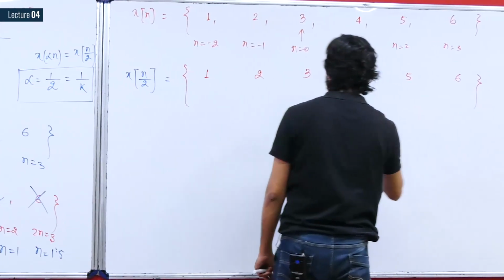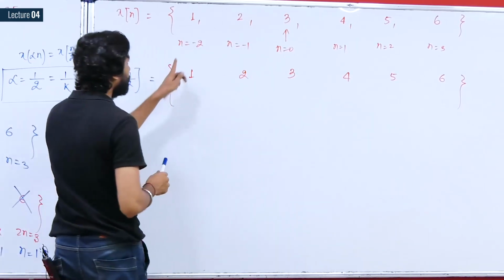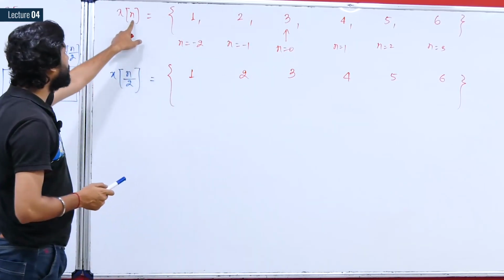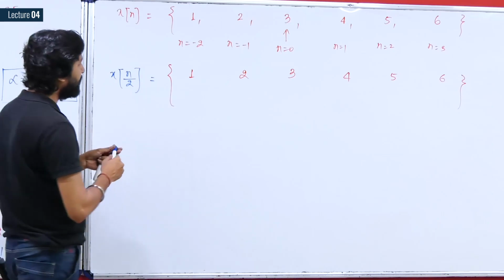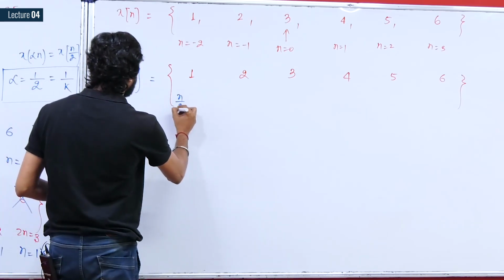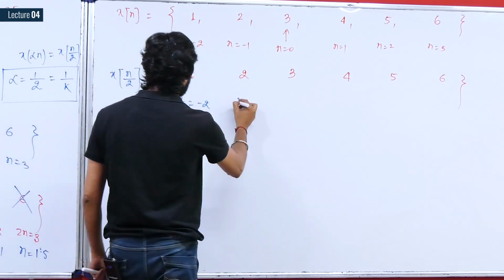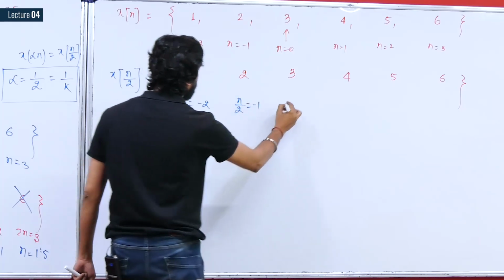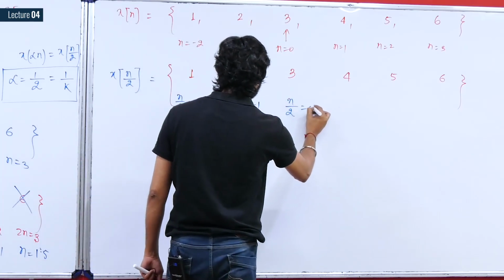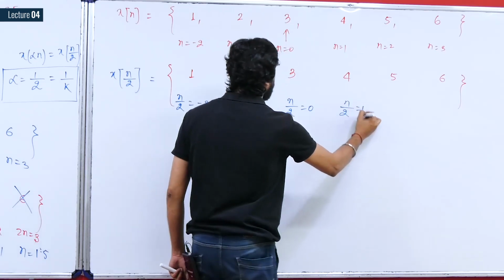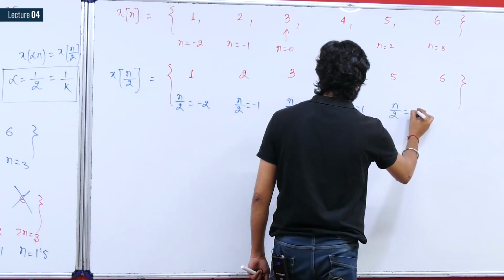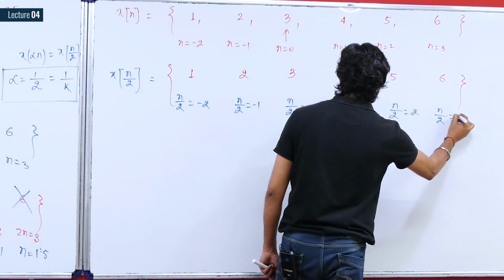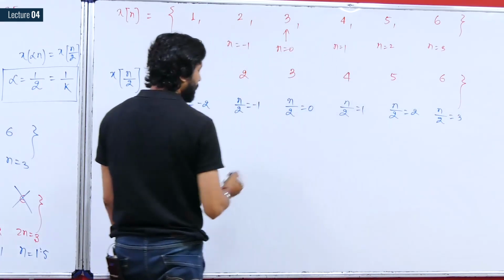But now these instants will not be for the values of n, as we have replaced n by 2. Therefore, n by 2 equals to -2, here n by 2 equals to -1, here n by 2 equals to 0, n by 2 equals to 1, n by 2 equals to 2, and n by 2 equals to 3. So what are the values of n that we are getting?